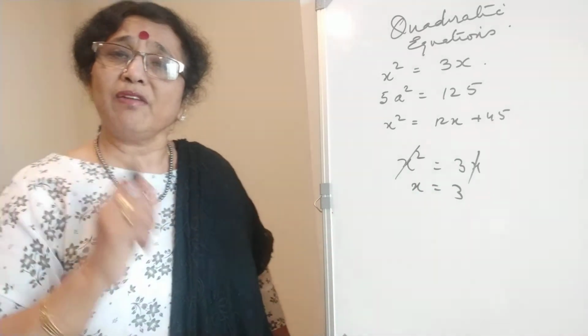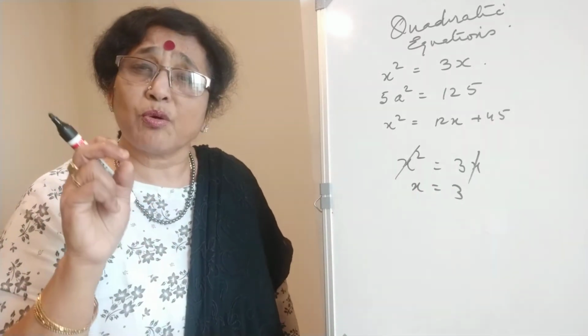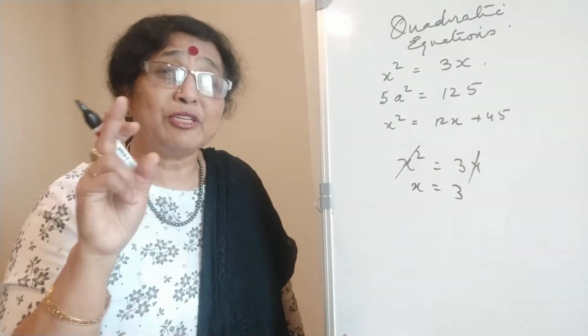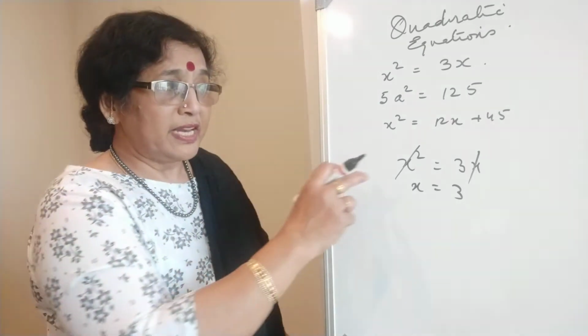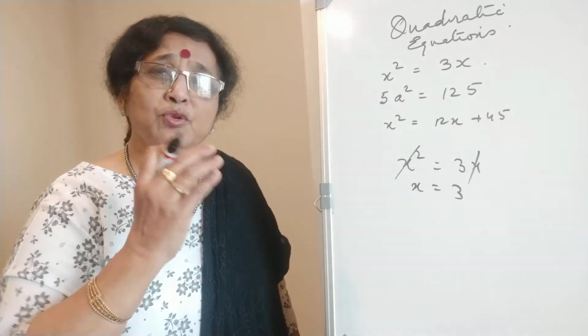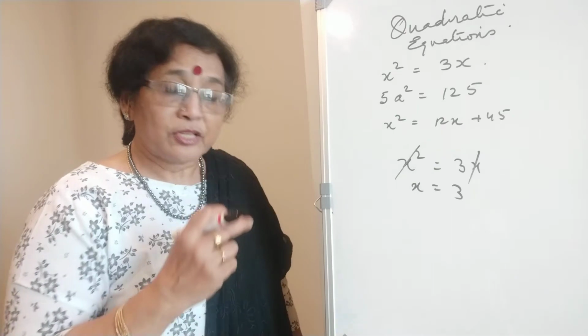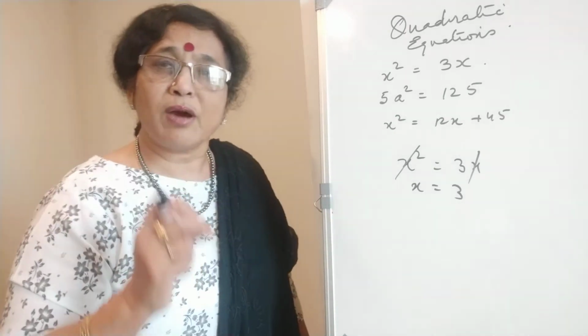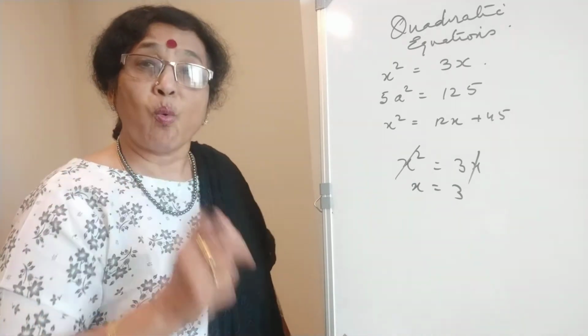So we're getting only one value of x. But what did I say? A quadratic equation, the degree of x is 2. So there will be two values of x. So in cutting, one value of x you have neglected, and that's 0. So let us see. This is not the right way. You know you have to get two answers, but here you got only one answer.